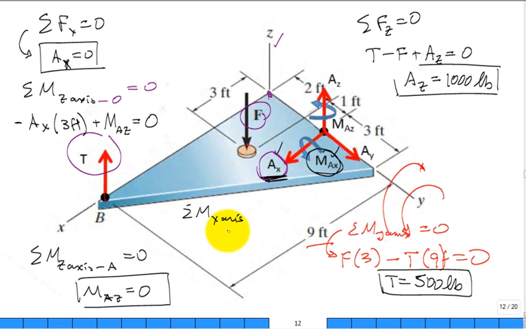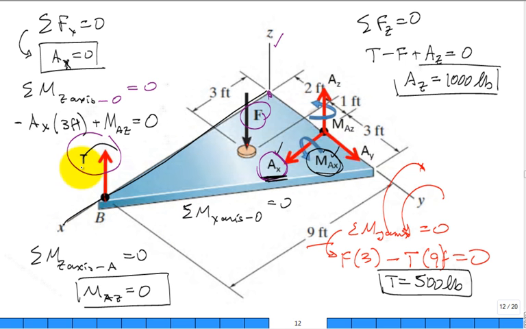But the x-axis can either go through the origin or a logical place would go through point A, either one. Which one do you want to do? The origin? Must equal to 0? Okay, let's do it. Sum of the moments about the x-axis going through the origin.